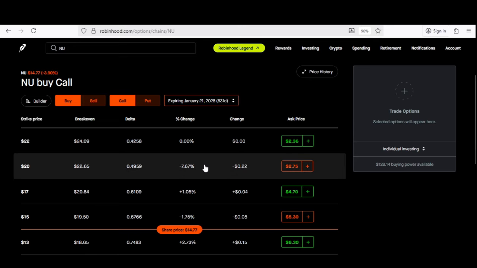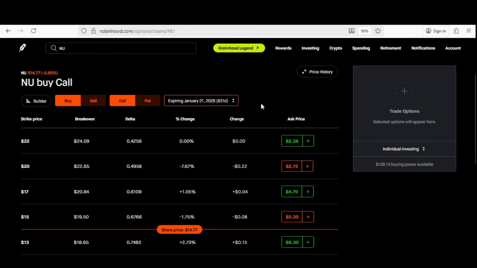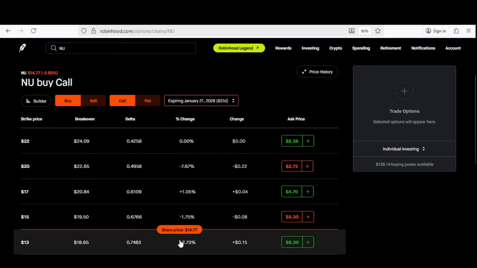The reason for going this far out is that I think that's going to be way more than enough time for me to outlive all the market volatility that will be happening in the near future and further out. This pretty much gives me around 2.5 years. So within 2.5 years, this stock should be able to move higher from the $14 level, a bit higher.